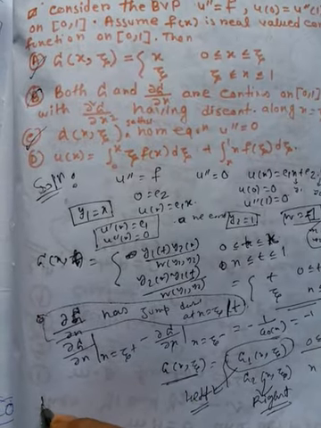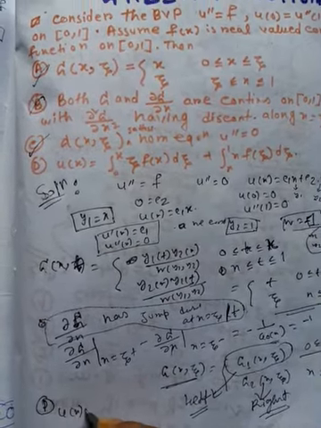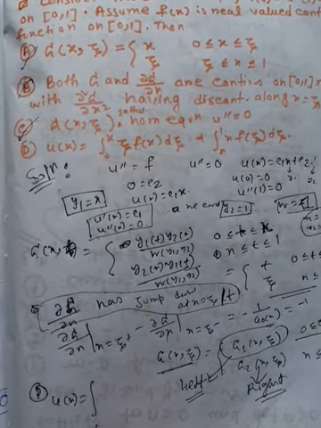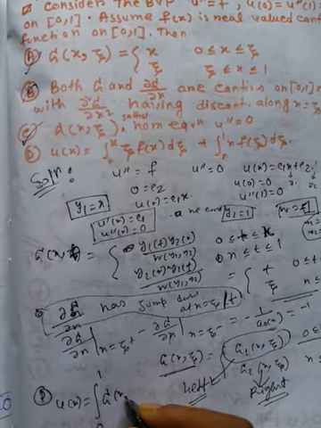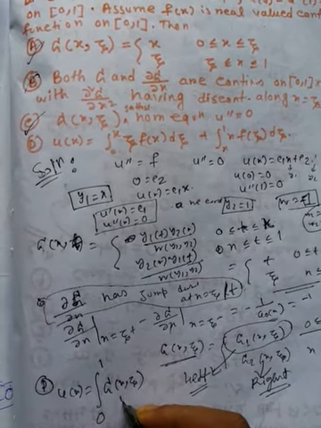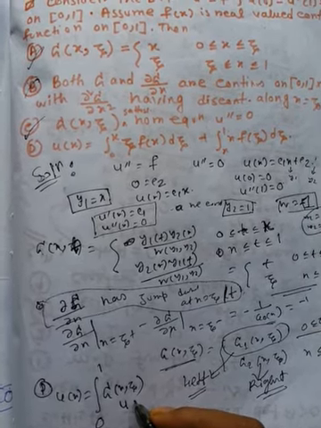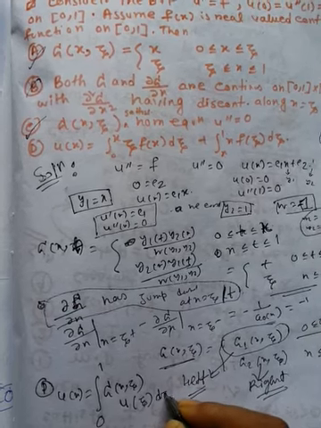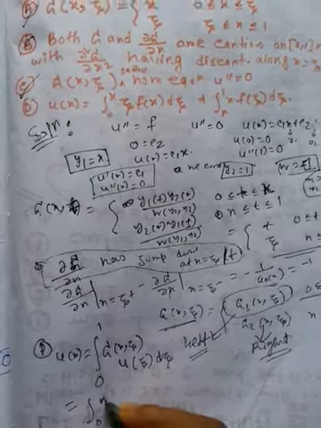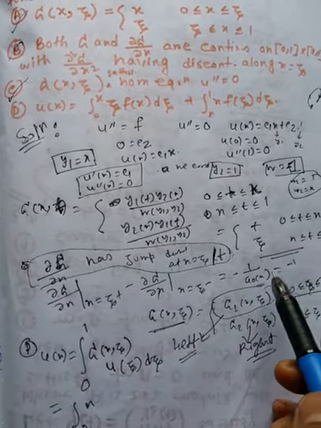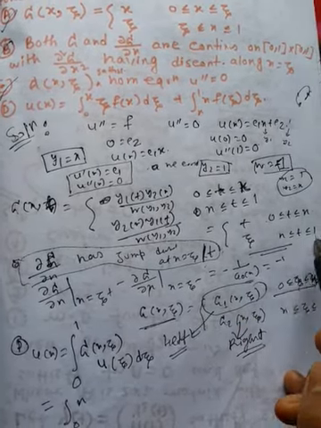Now option D, this is the general solution. The general solution is the integration from a to b, here 0 to 1, of G(x, xi) times f(xi) dxi. So we split the interval 0 to x and x to 1.